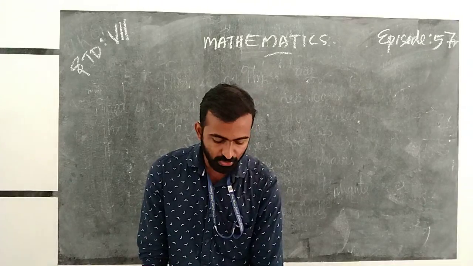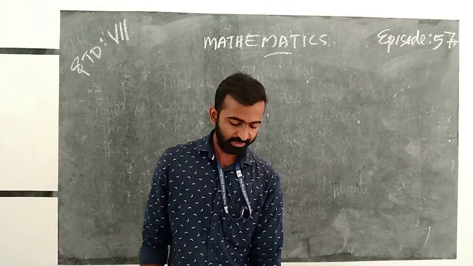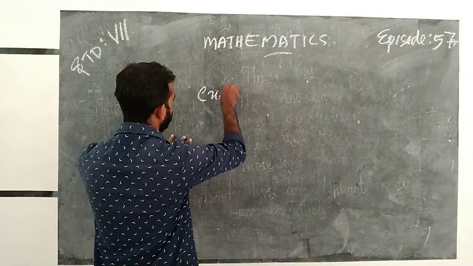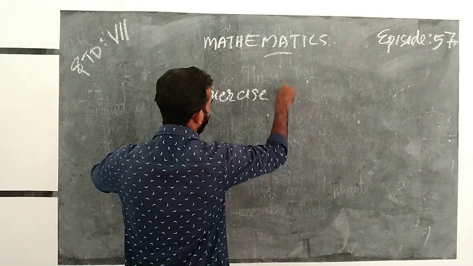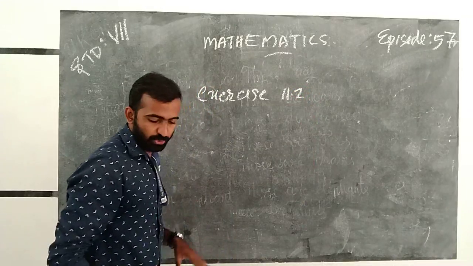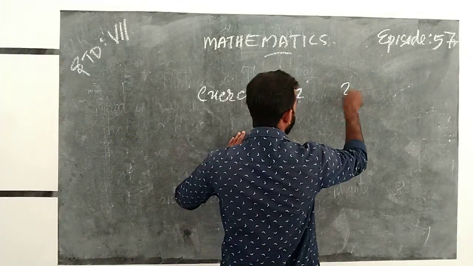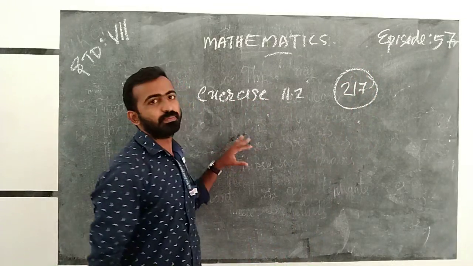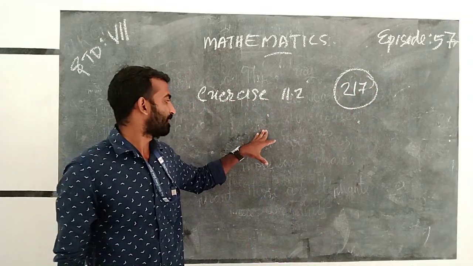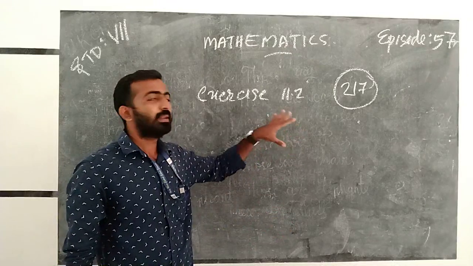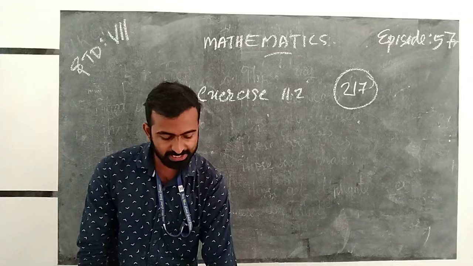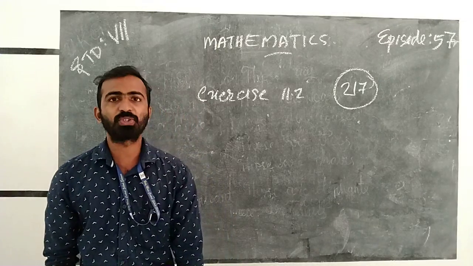The fifth question is: PQRS is a parallelogram. That is exercise 11.2, page number 270. A figure is also given.